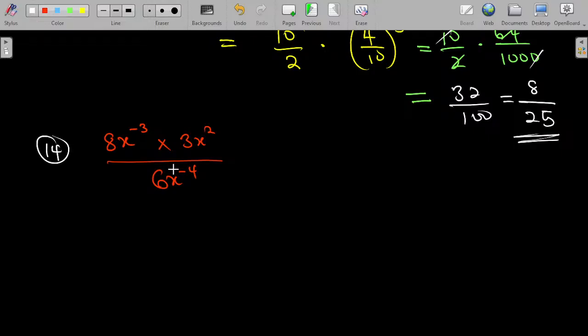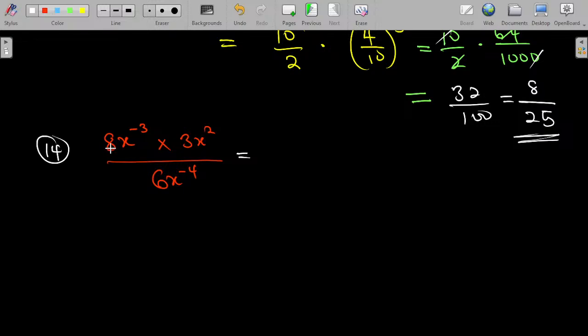Beautiful. So this is what we are asked to simplify. So what do you do? Remember what I said, or if you have not watched that video, please ensure to do that. Once you have a mixture of number and alphabet, which is algebraic, numbers should multiply numbers, alphabet should multiply alphabet, numbers should divide numbers, alphabet should divide alphabet.